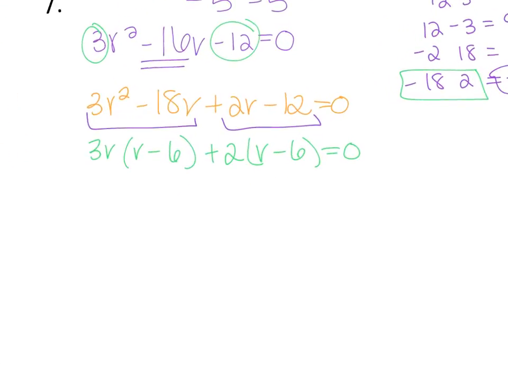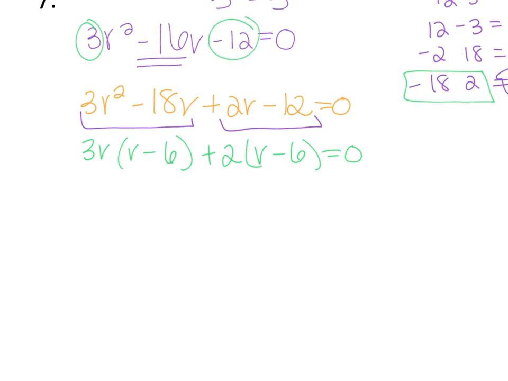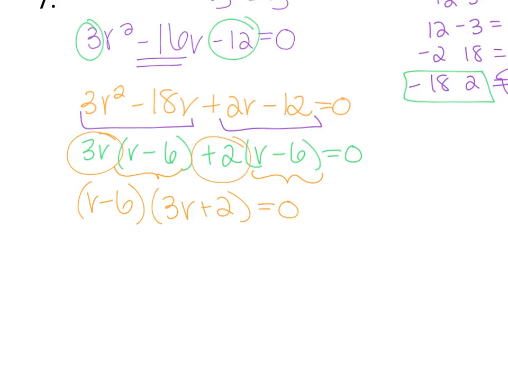Now I can regroup by factoring, taking these out, so I'll have r minus 6 as my one factor, and then I'm left with 3r plus 2. So I'm going to have 3r plus 2, and this equals 0. Now I still have to solve for r. So when I have a times b equals 0, I split them up. I have r minus 6 equals 0, and I have 3r plus 2 equals 0.